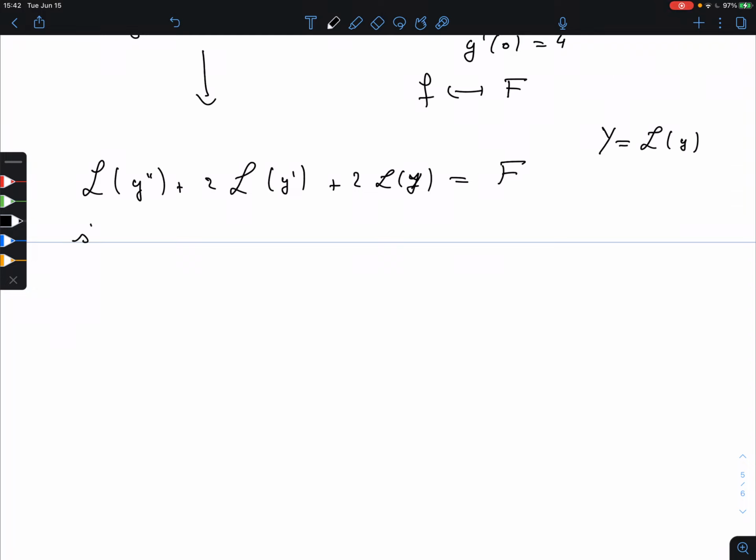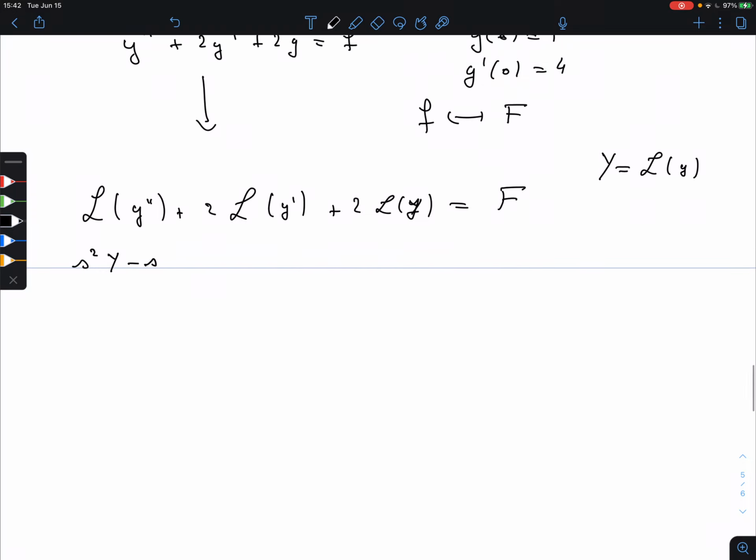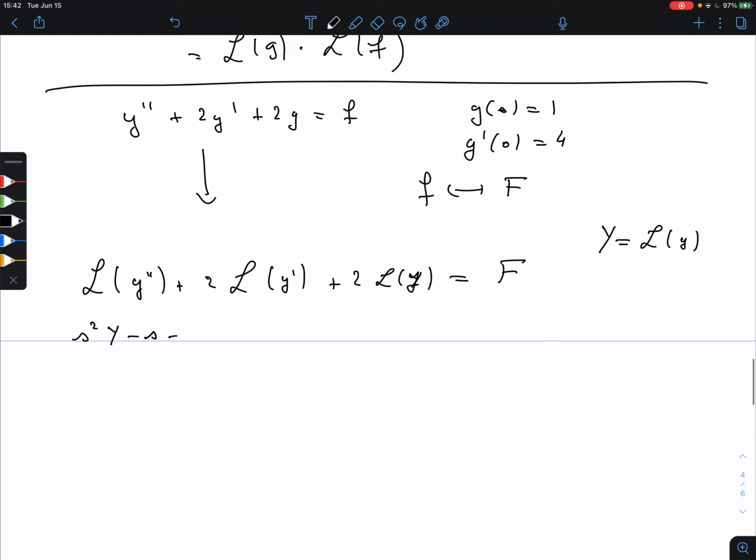So this was s squared Y minus s times y0, which was 1, minus y0 prime. I'm just quoting the formula, look it up. Then 2 times (sY minus y0, that was 1), plus 2 times Y is capital F.